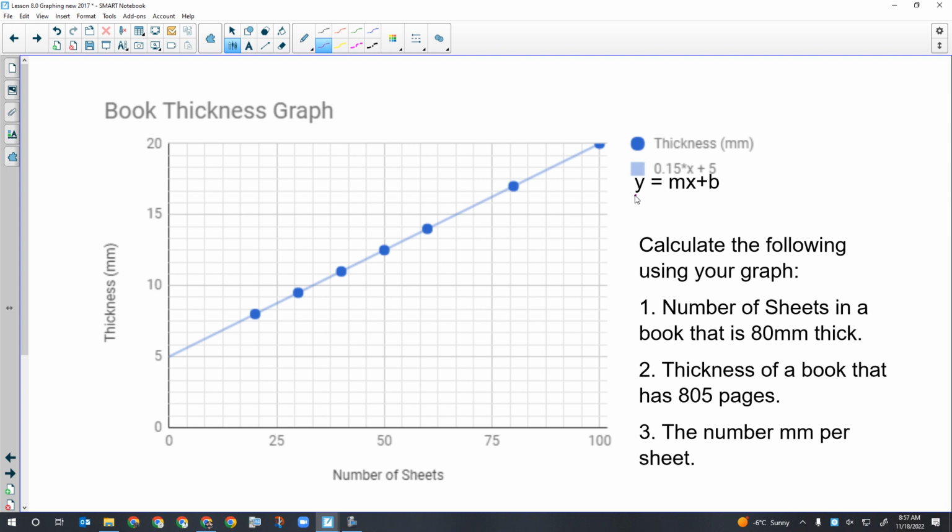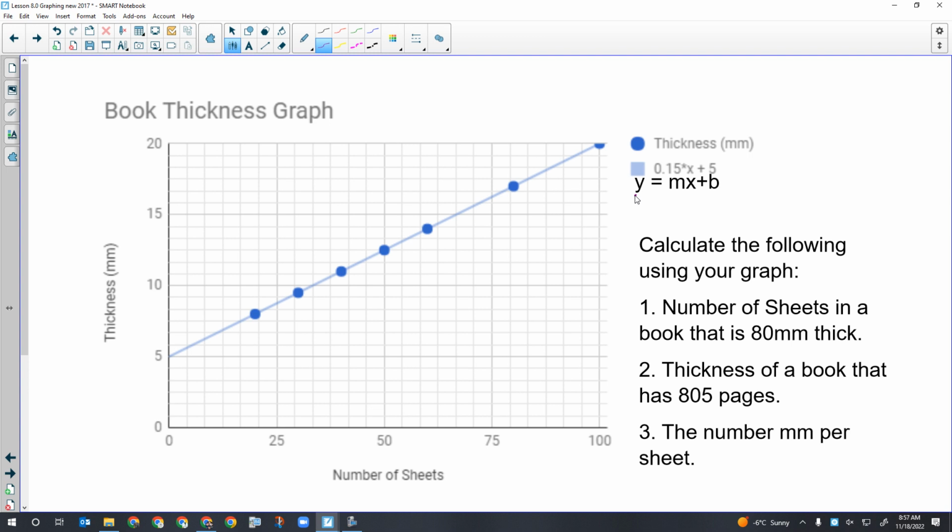In this case, the slope of this line is 0.15 millimeters per sheet. In other words, it tells me the thickness of one sheet in the book. And every time I add one more sheet, the book gets thicker by that amount. And that's why that line goes perfectly linear through every single point on the graph, because every sheet I add will change the thickness of the book by exactly the same amount.